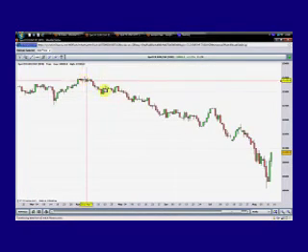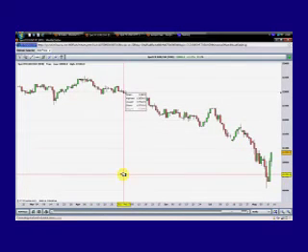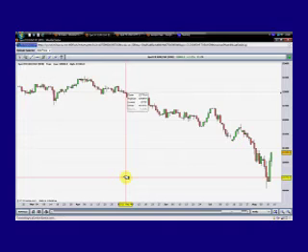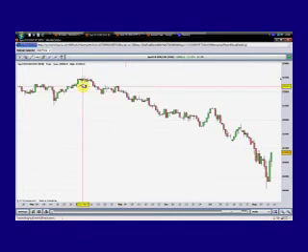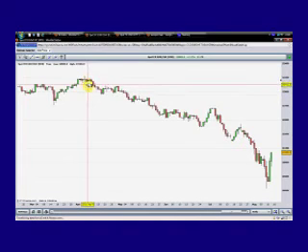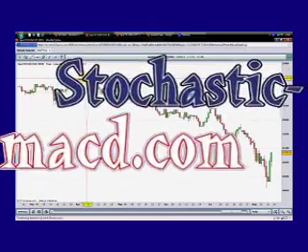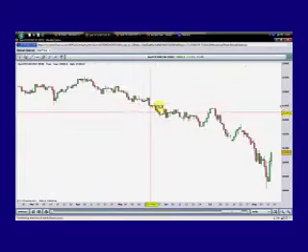Because of the sovereign debts in the Eurozone, talking about Ireland, Portugal, Italy, Greece, traders want to sell the euro, money is coming out of the euro and going into Switzerland. Therefore, the euro Swiss franc is going down because of the fundamentals.